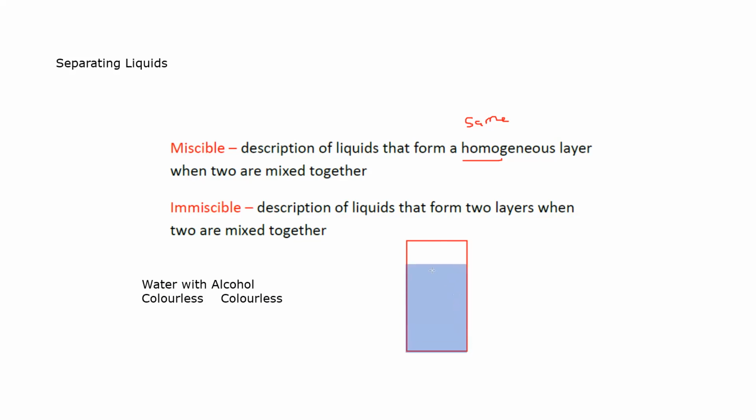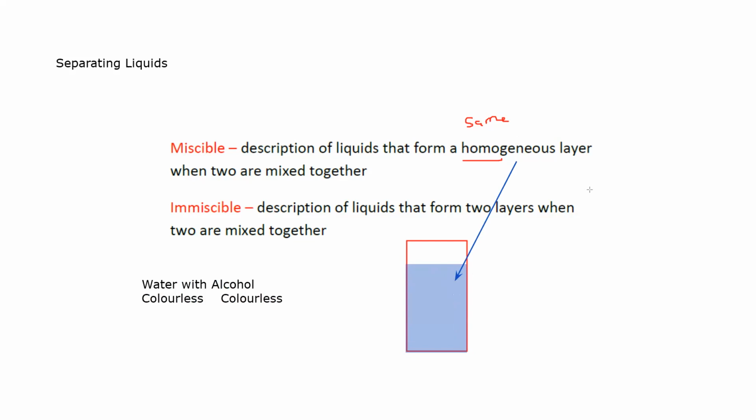You cannot say which part has alcohol and which part has water. This type of mixture in which we have the same layer is known as a homogeneous mixture, and the liquids are known as miscible liquids, liquids completely mixed with each other.